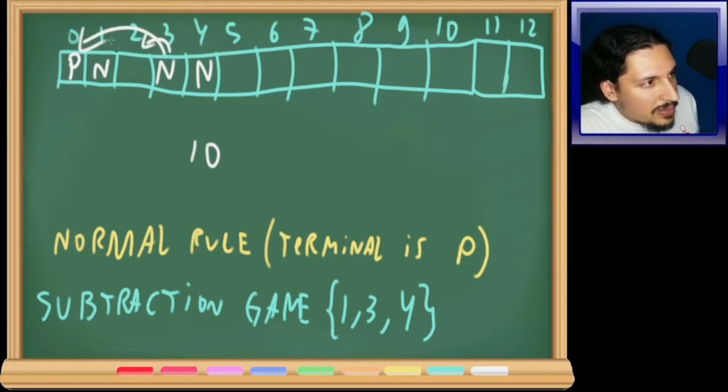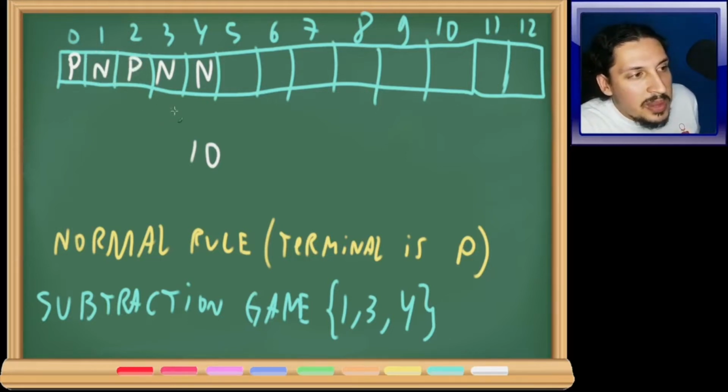But even if I haven't completed it, for example, I don't know this one yet, I know that here it is a p. So I can already say that this will be an n, regardless of whatever this is. For 2, the only option is to move here, because otherwise we would go to negative. And so there is no option to a p position, and this must be a p position, then it can only move to n. For 5, we can reduce to 3 and get this, so this is also an n position.